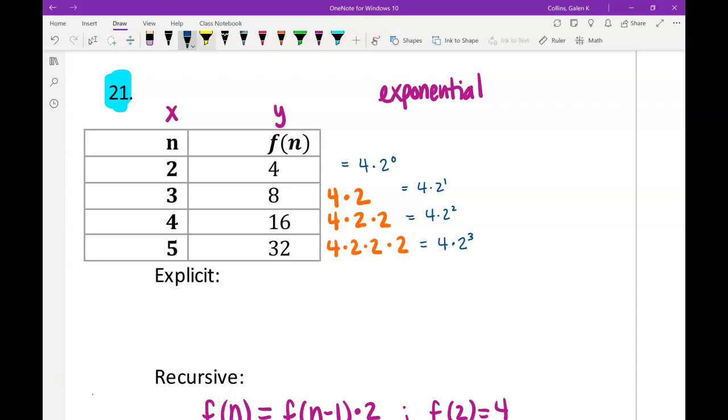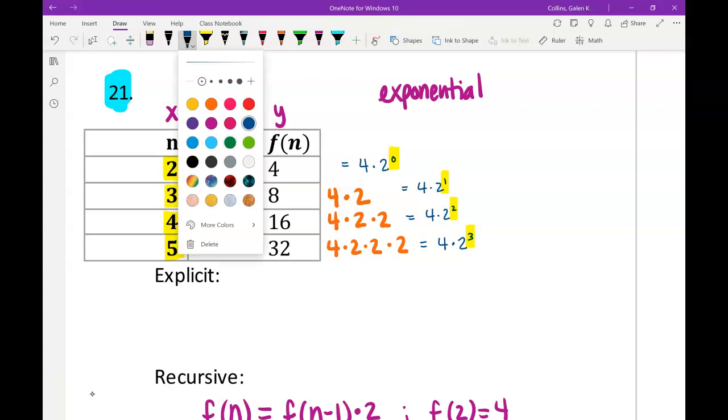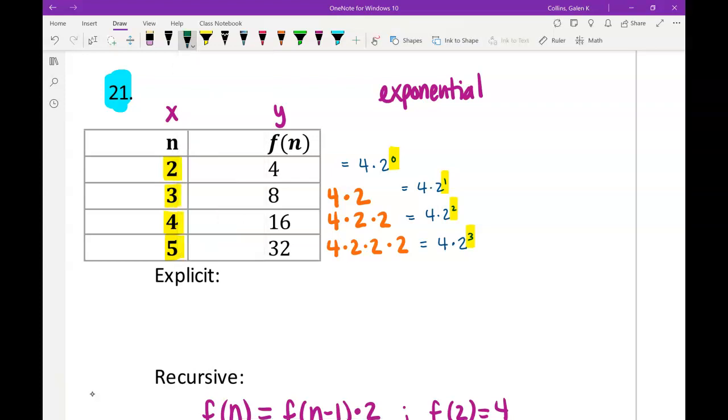So look at the exponents and compare them to the n values. We should notice a pattern that whatever my exponent is, it's always 2 less than the n value. So I could really think of this as 4 times 2 to the 5 minus 2 power, right? 5 minus 2 gives us 3.